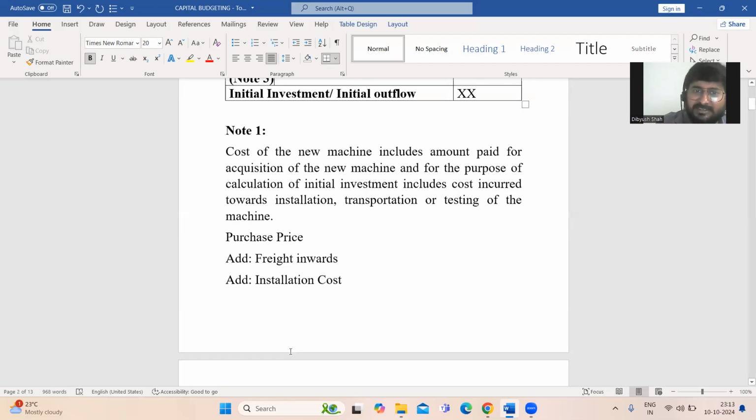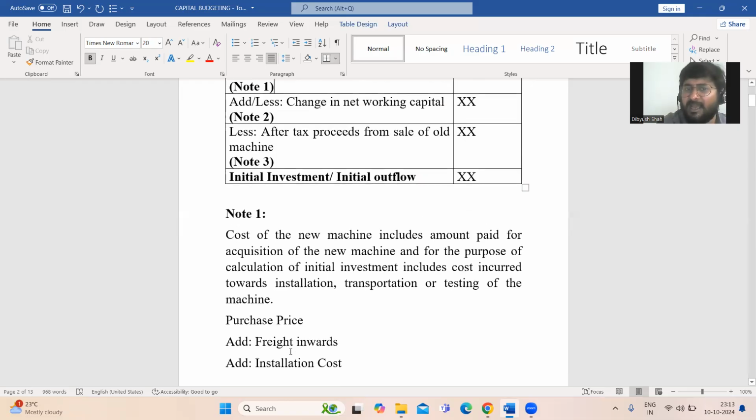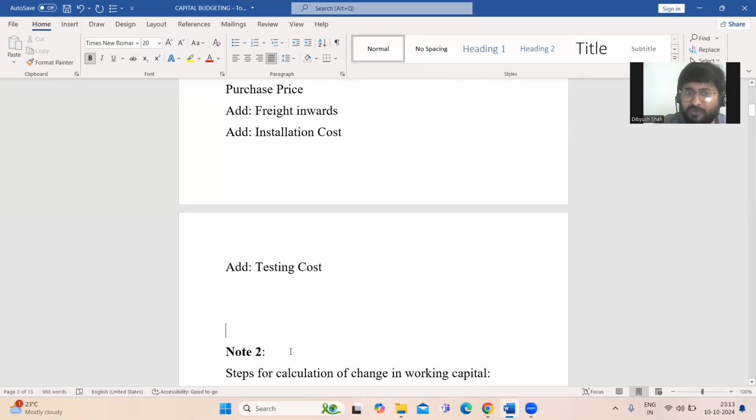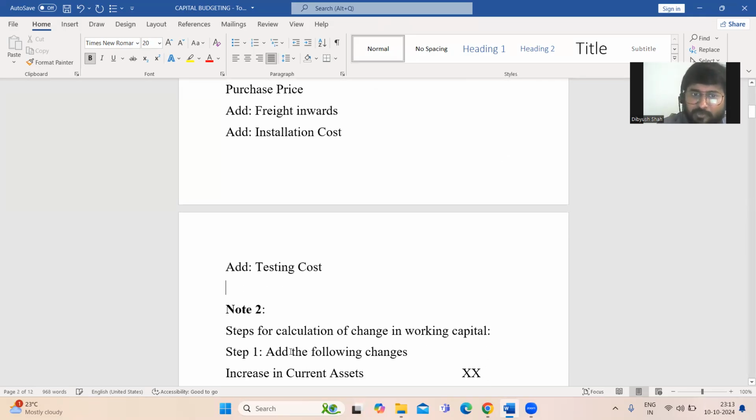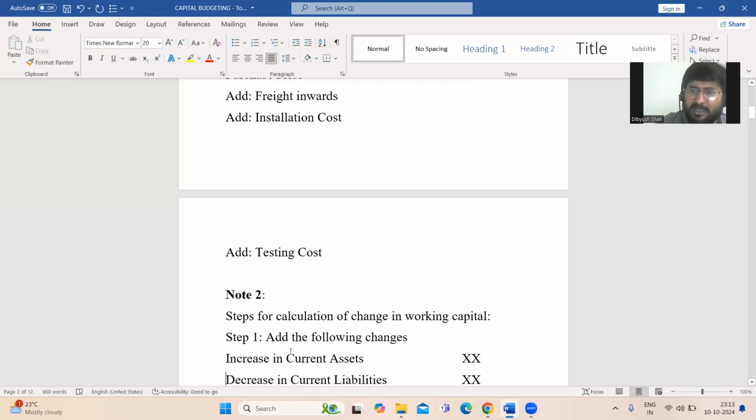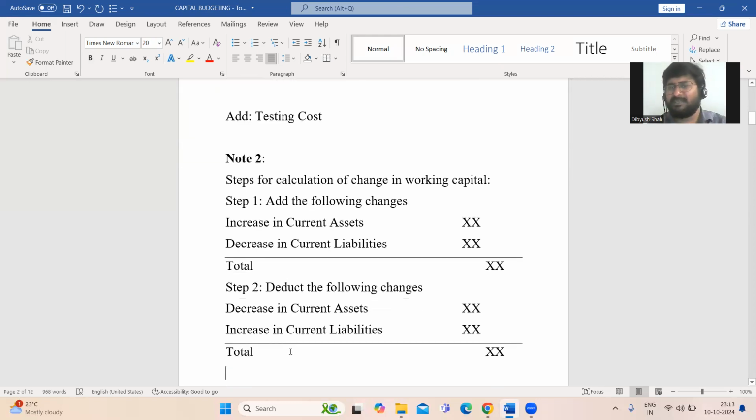Now, second in this table is add or less changes in net working capital. Net, the word is very crucial. It means you can have some increase in current assets, current liabilities. You have to adjust for the net of it. Now, how do you do that? See, working capital, essentially the formula is current assets minus current liabilities.